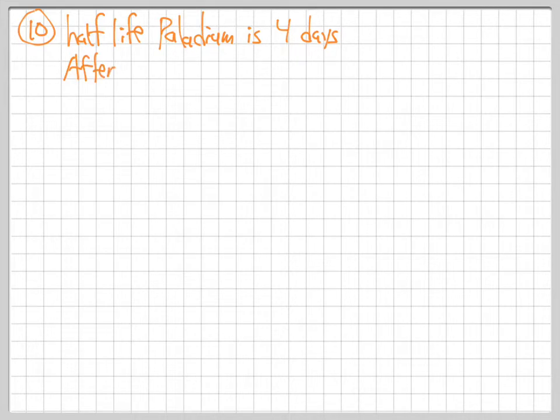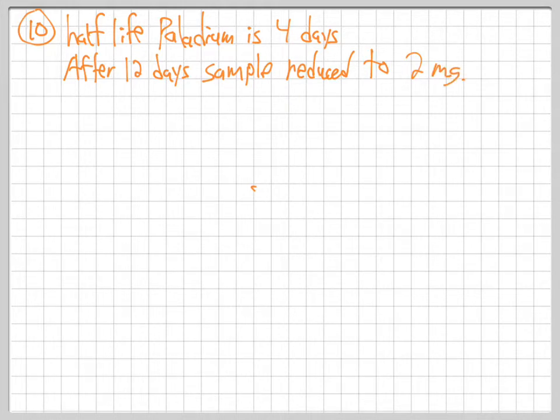So the half-life of the palladium stuff. The half-life is 4 days. After 12 days, the sample is reduced to 2 milligrams.